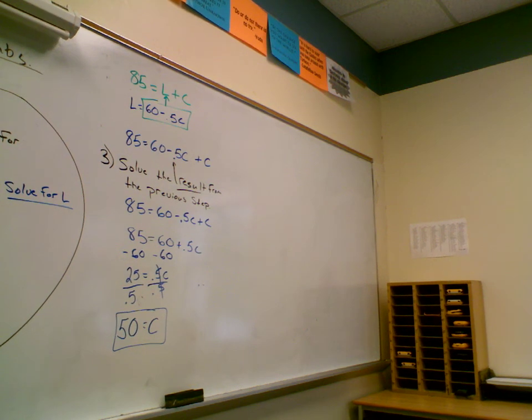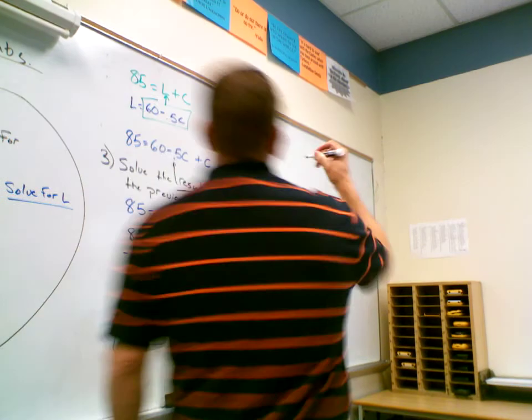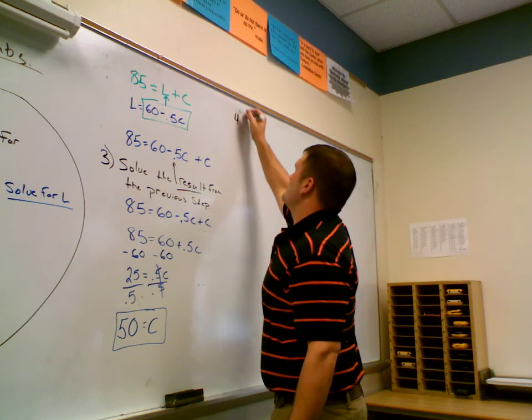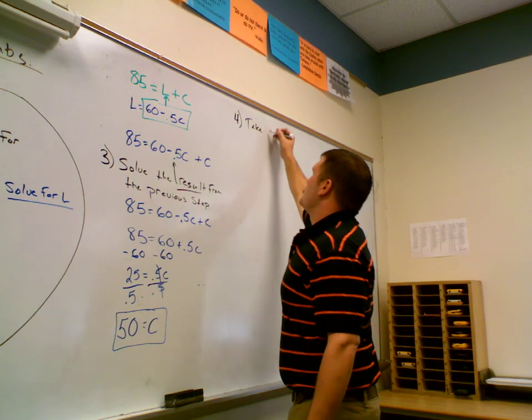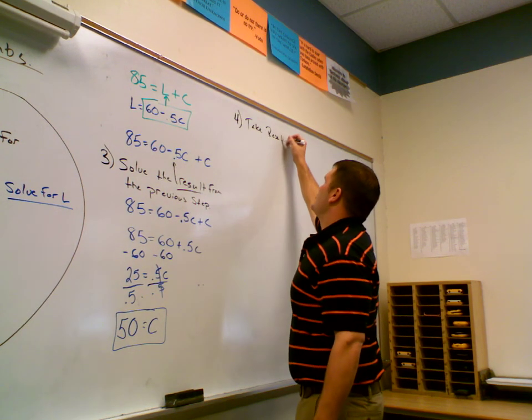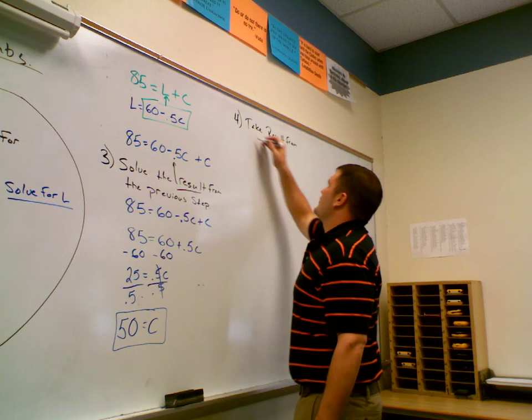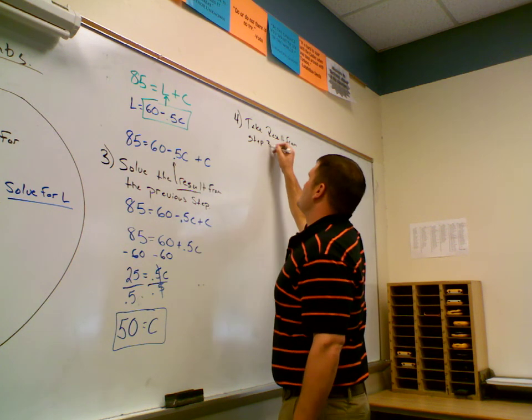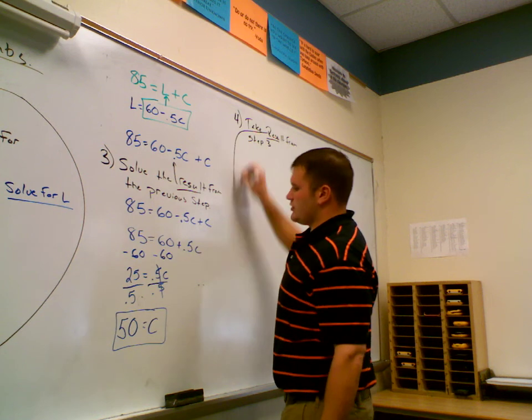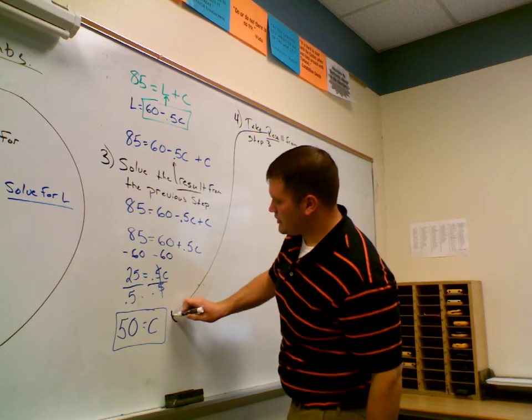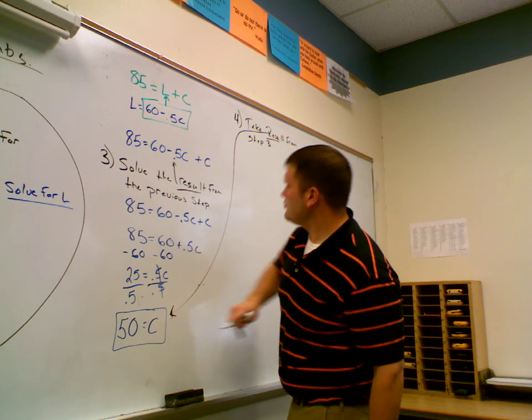Okay. So step 4. Take result from step 3. This result is right here. Oh, that's a terrible arrow. Okay.